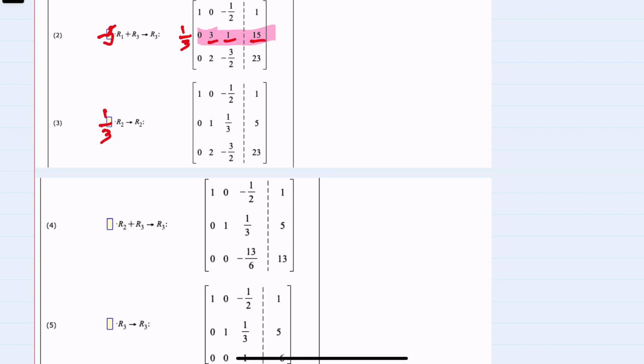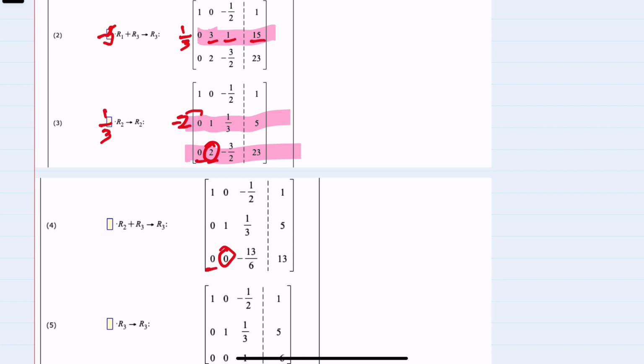Next, we are modifying row 2 so that we can add it to row 3 to cancel out the 2 and have it become a 0. So I would need to multiply row 2 by a -2 in order to cancel whenever I add it to row 3. -2 times 0 is 0.